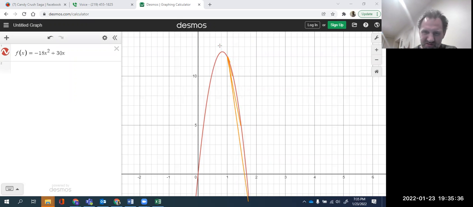That's actually a pretty bad drawing. That would be better. So these secant lines are slowly getting closer and closer to the real slope of the curve, which is what I'm trying to find when I find the derivative. And that's really where we start our work in calculus.